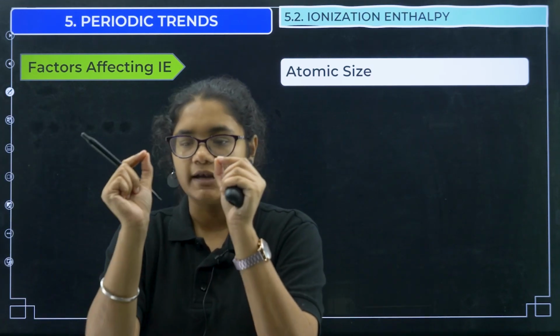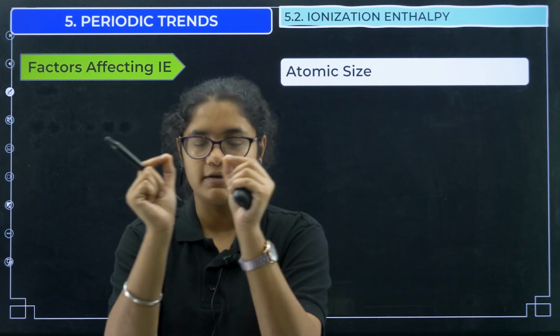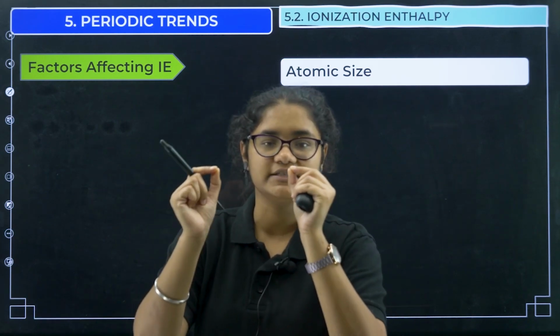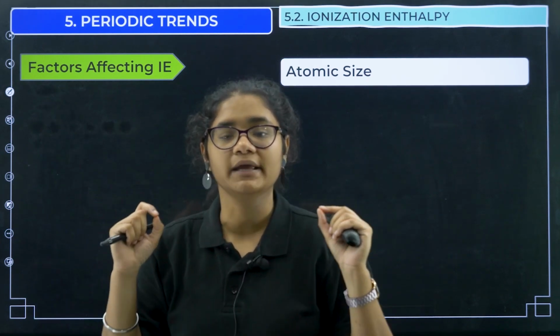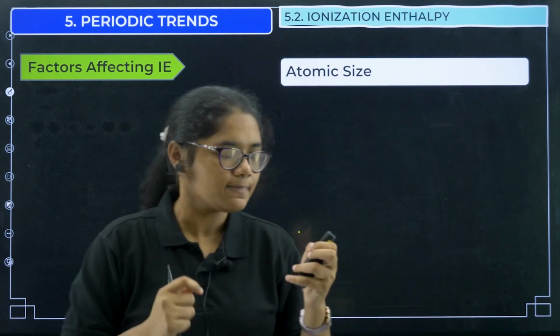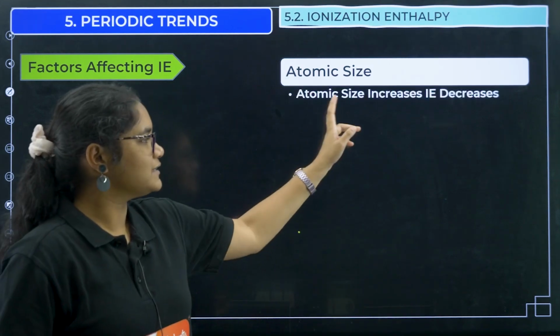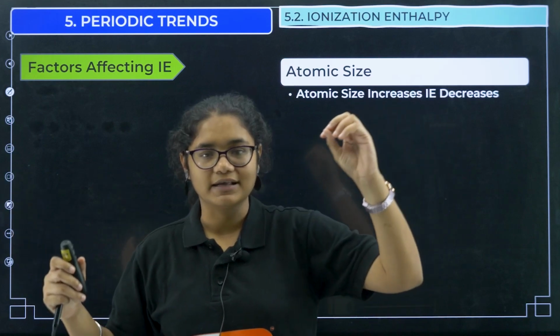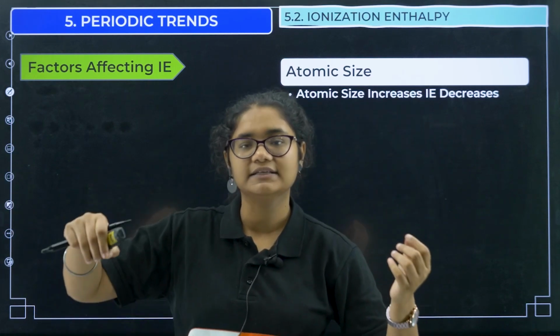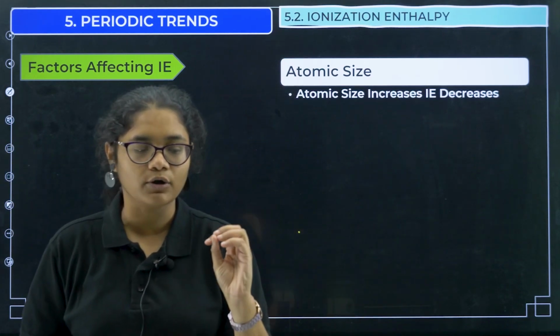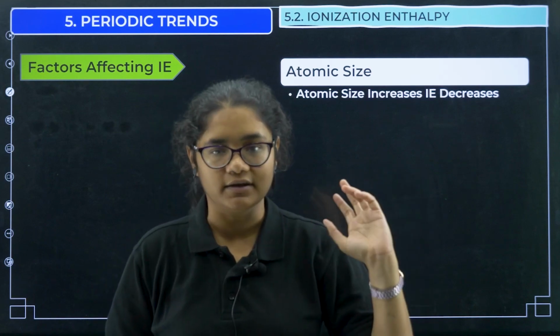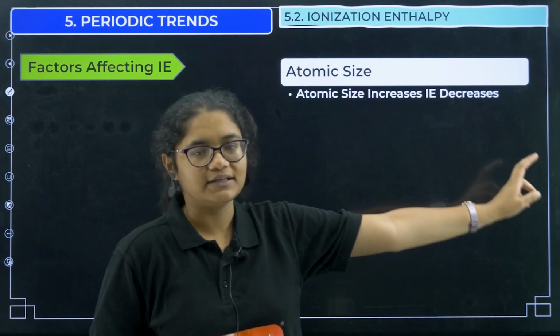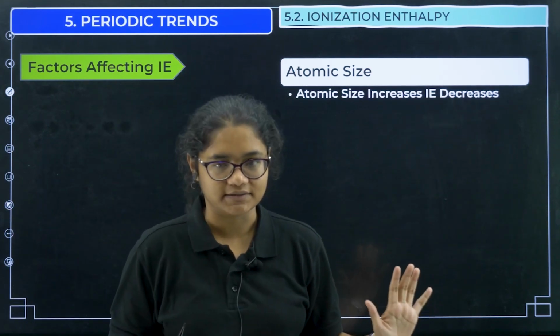The nucleus and the electron are at this small distance, very tightly attracted towards each other, so removing this electron will be very, very difficult. So if the size increases, ionization energy will decrease. We can easily remove it; we do not have to put in more energy. And vice versa.